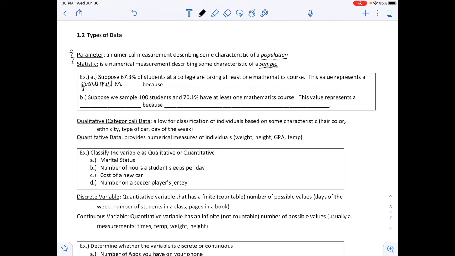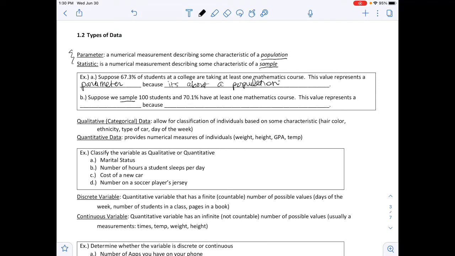And the reason why is because this is discussing a population. So it's about a population. Part B says, suppose we sample 100 students and 70.1% have at least one mathematics course.